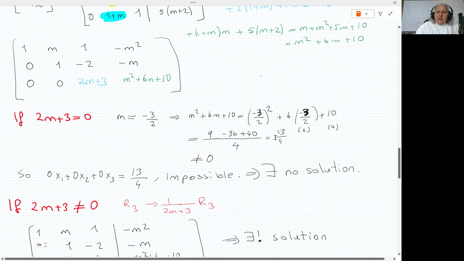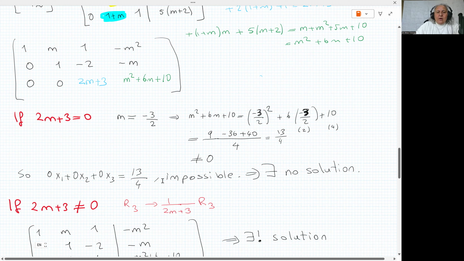It's a real number. It's not equal to 0. But you would have 0 here, and then this row will read 0x1 plus 0x2 plus 0x3 is equal to 13 over 4. This is a contradiction. This doesn't make sense. So this is a degenerate case. So there exists no solution.